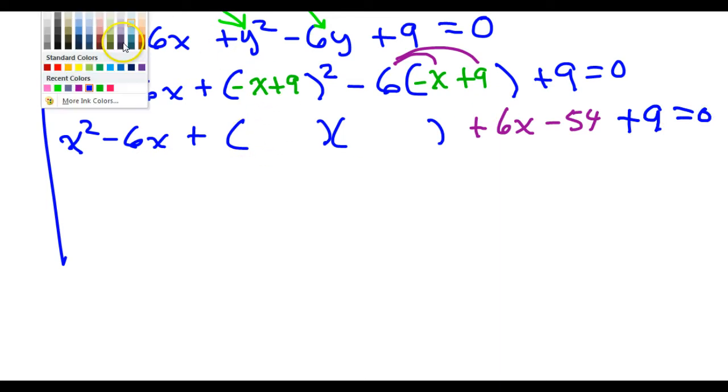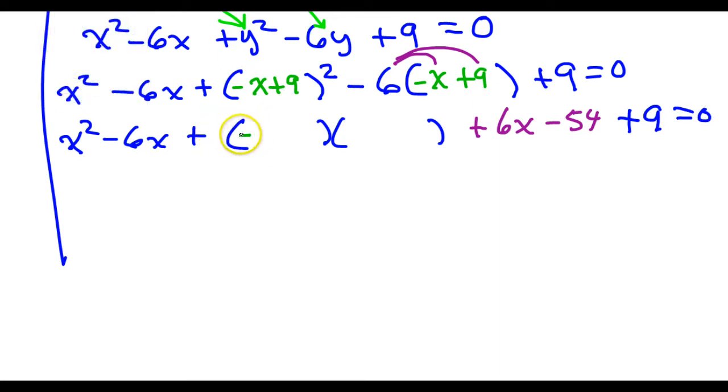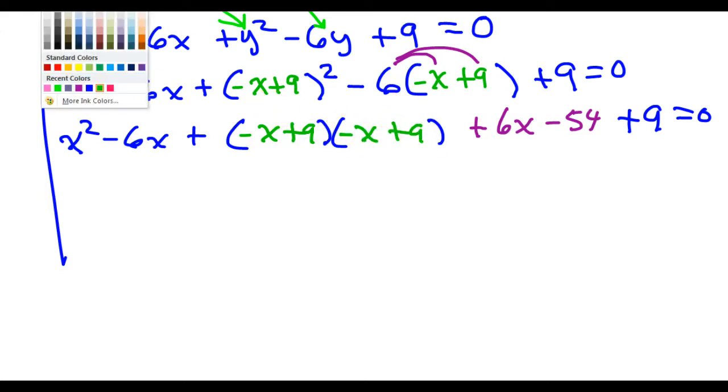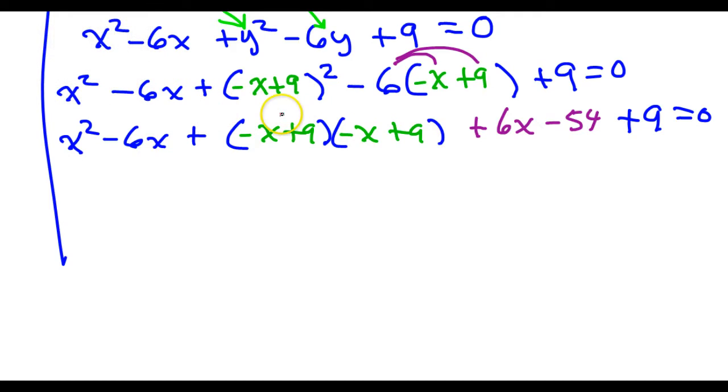So I just did the distributive property. Now, meanwhile, back at the ranch, I've got this negative x plus 9 times negative x plus 9. So I need to do that double distributive property. I'm going to distribute the negative x. That's going to give me positive x squared, because a negative times a negative is positive. Now negative x times 9 is going to be negative 9x.